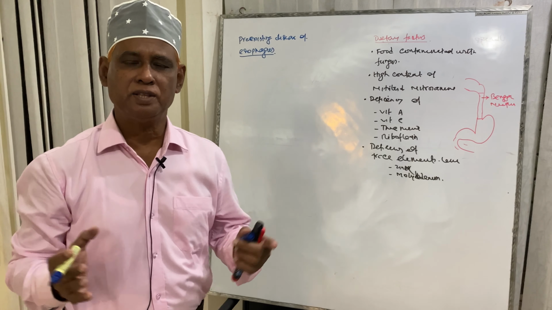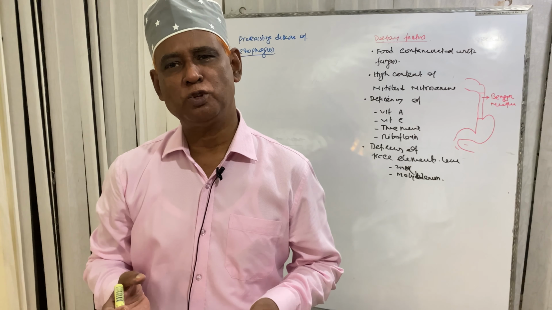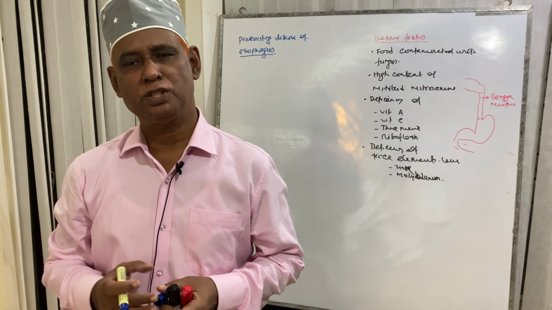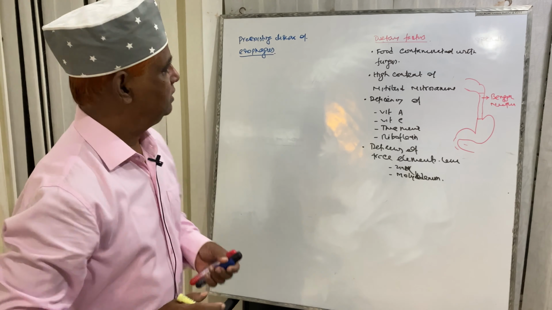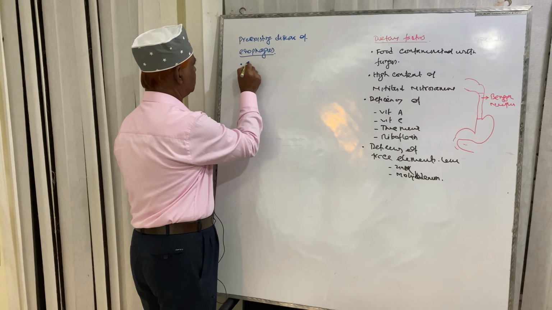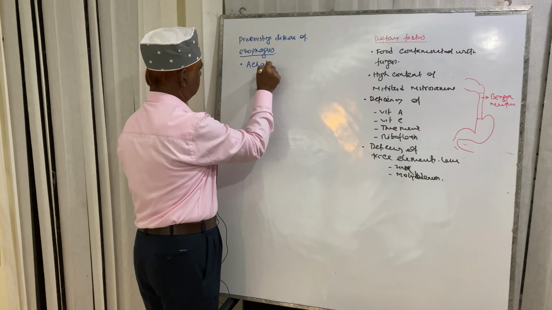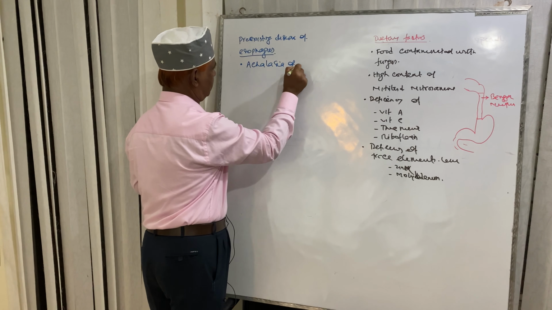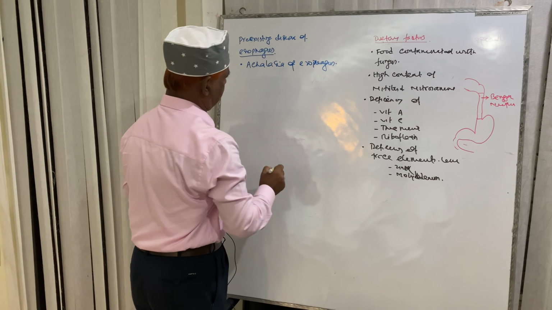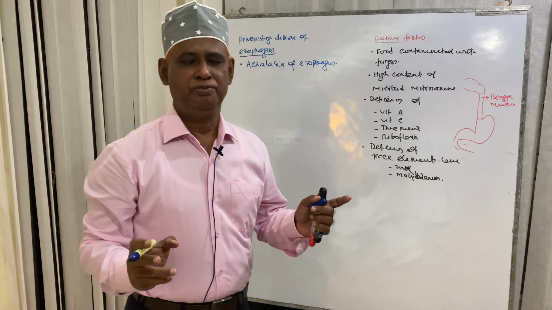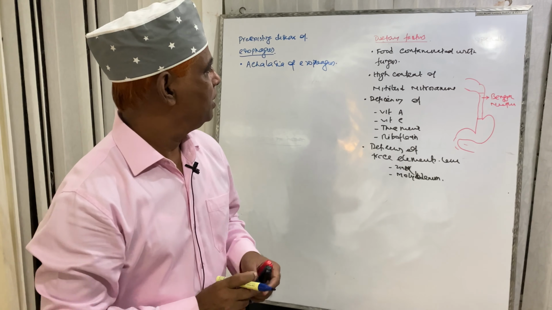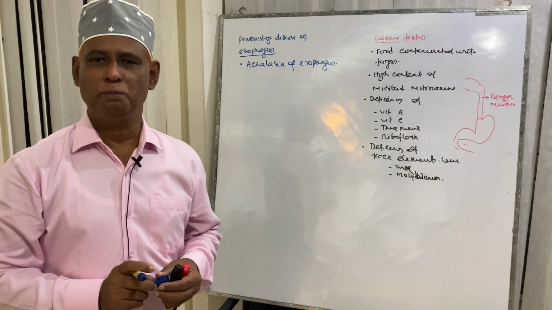Dear audience, there are some diseases of esophagus that may lead to esophageal squamous cell carcinoma, like achalasia of esophagus. Achalasia of esophagus means failure of relaxation of esophagus due to neural defect in lower end of esophagus.